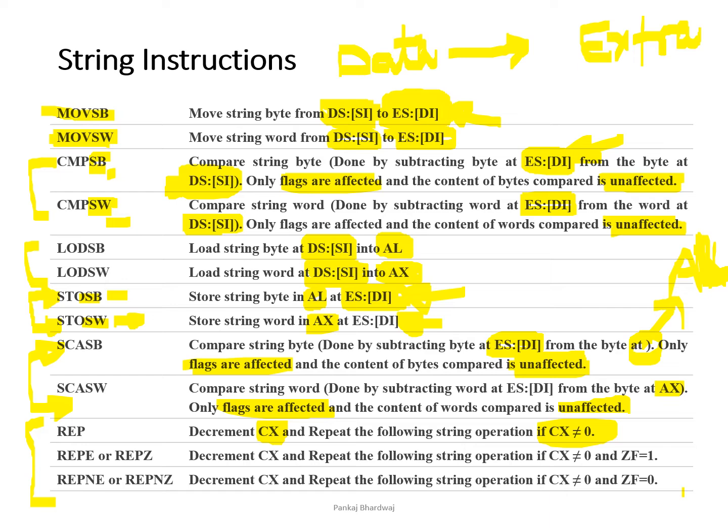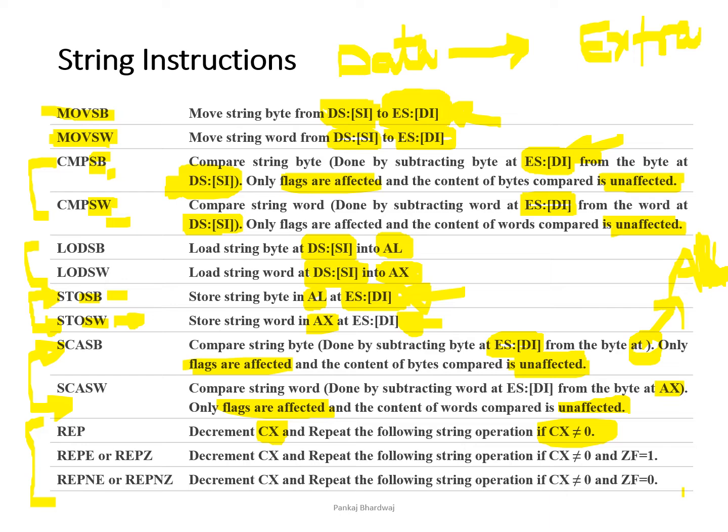REP stands for repeat the following string operation. Whatever string operation we are using, we can repeat until CX is equal to 0. If it is equal to 0, it breaks and executes the next instruction. Otherwise it will go back to repeat the string operation.